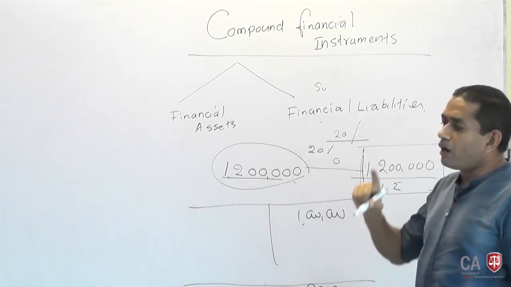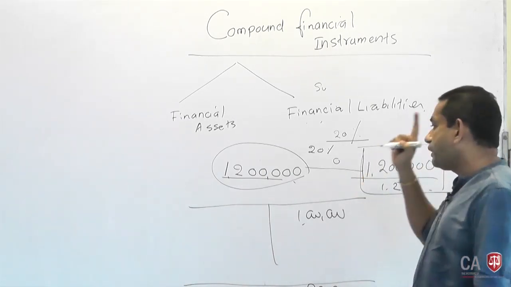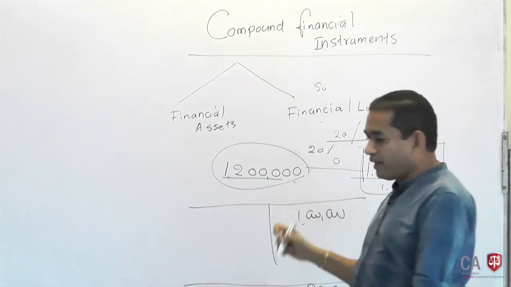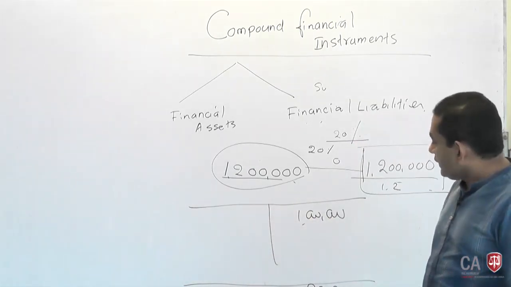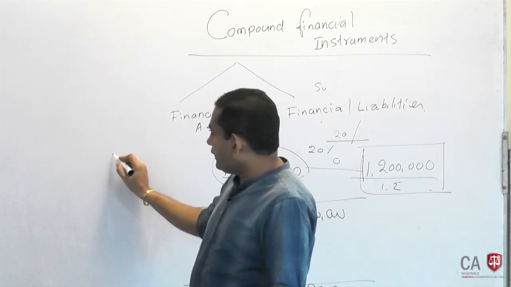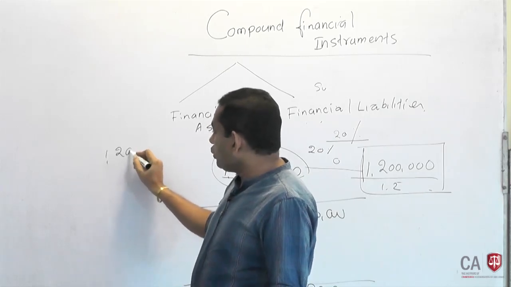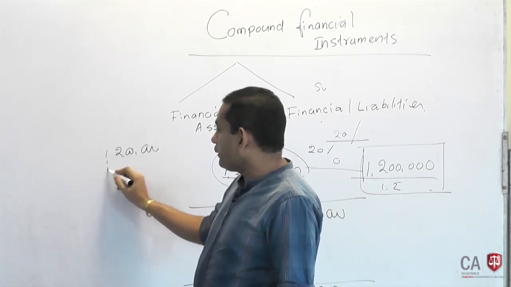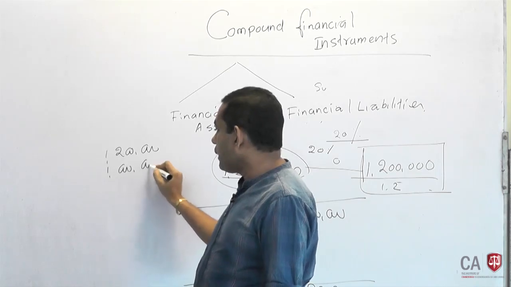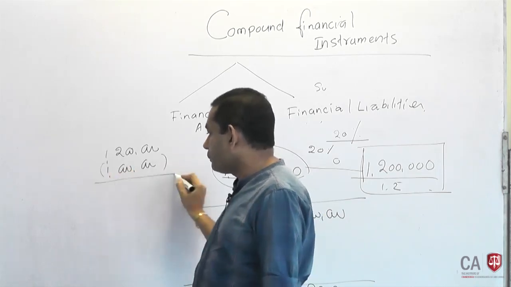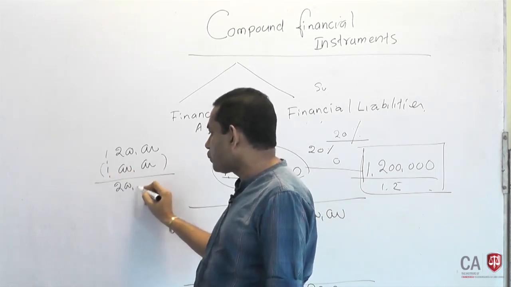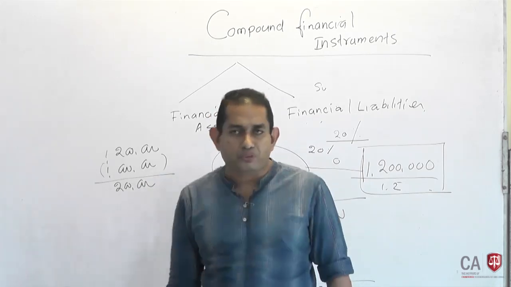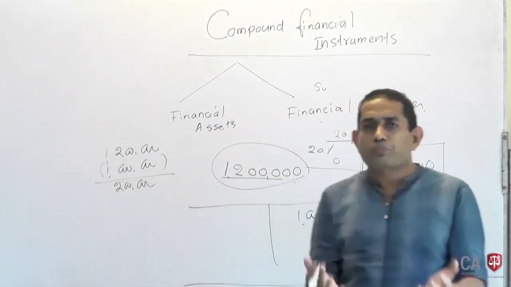Future cash flows are 1.2 and discounted by the market rate, and then you get the fair value. Then here total loan value is 1.2 million rupees and liability value is 1 million rupees, and then the balance is taken as what? 200,000. That is another way. That is the most popular one.